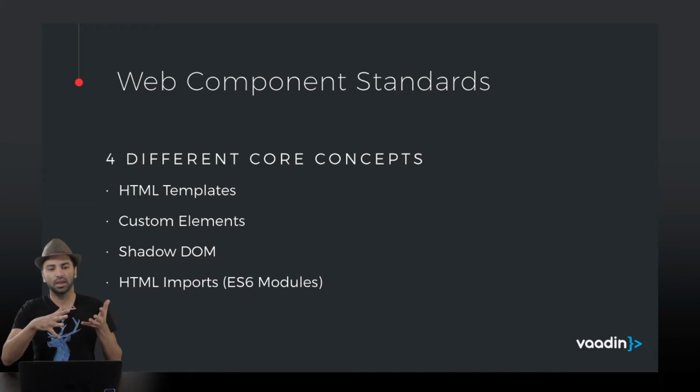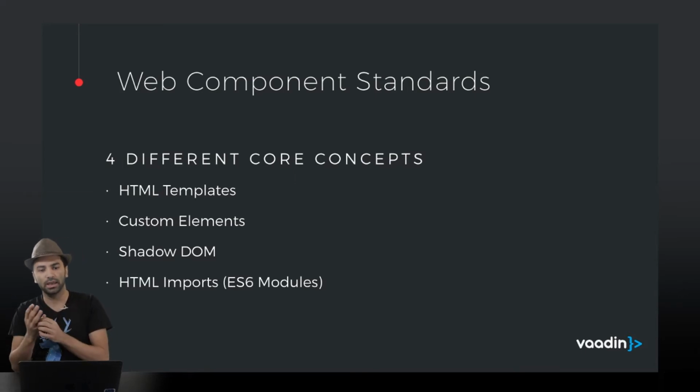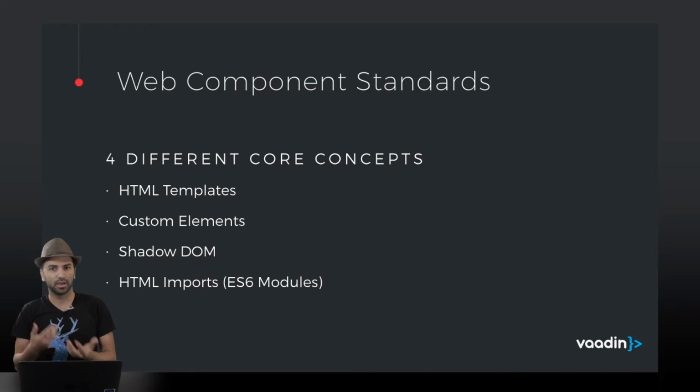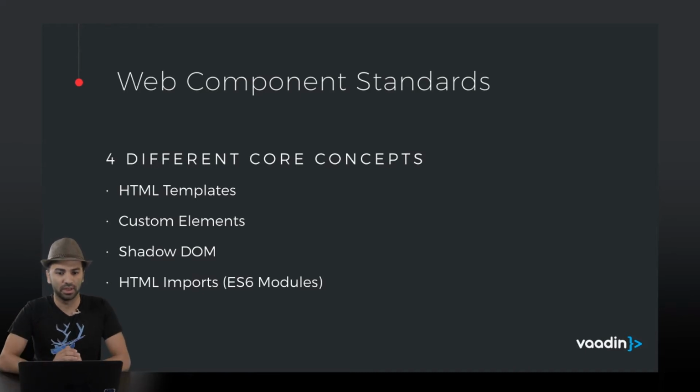HTML imports is something that people are considering to fade away and replace with ES6 modules, but this is still work in progress, even though my feeling from the community and the impression from other people is that ES6 modules are going to stay and HTML imports is going to disappear.